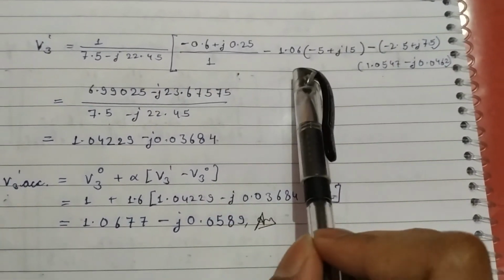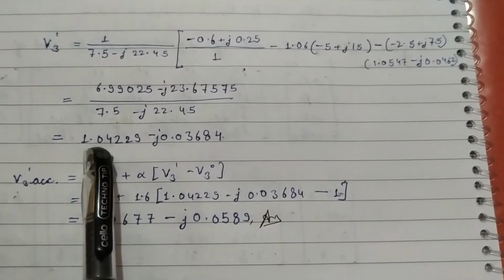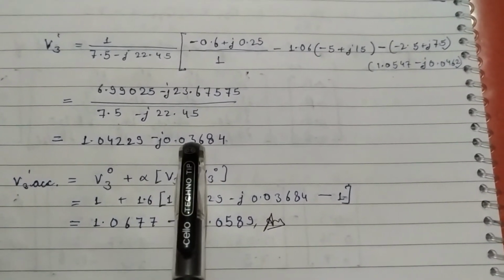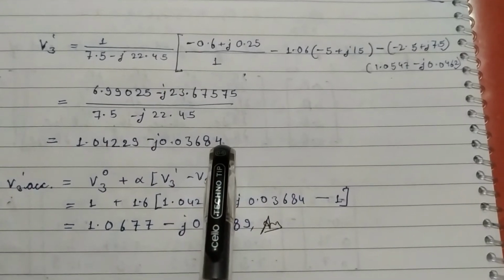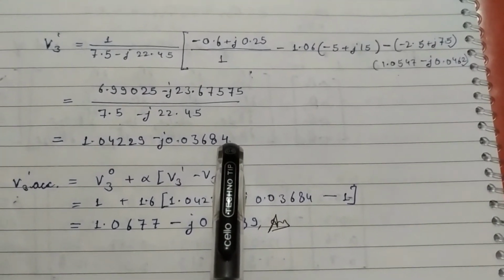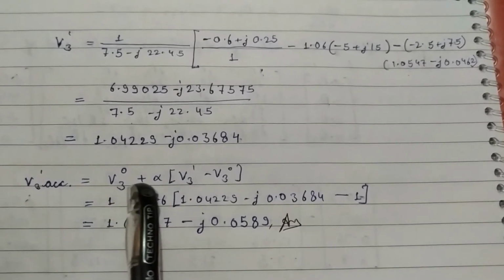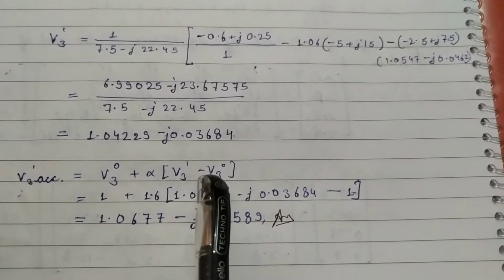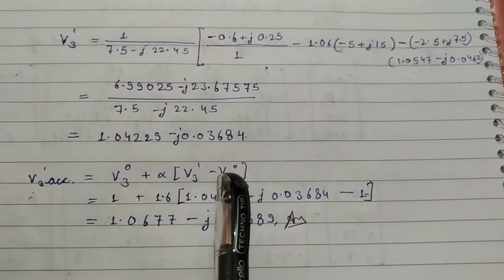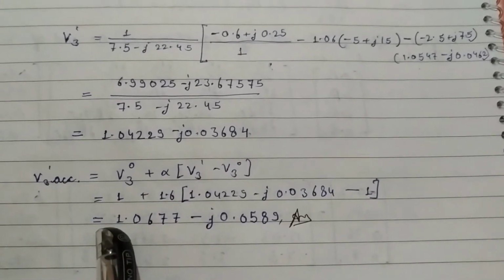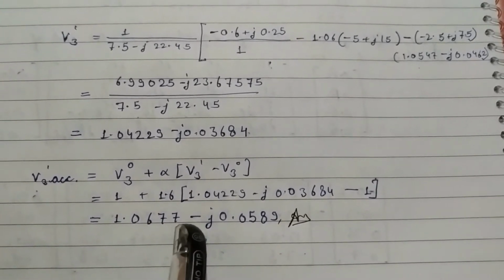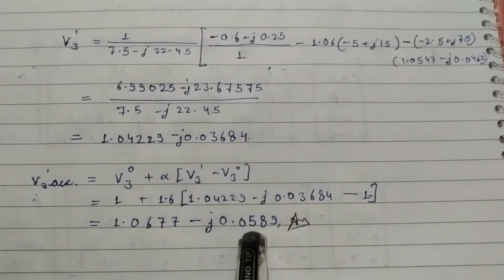If we solve this equation, we get V3^1 equal to 1.0429 minus j 0.03684. From this we can calculate V3 accelerated, which would be equal to V3^0 plus alpha times (V3^1 minus V3^0). If we put all these values and solve further, we get V3^1 accelerated equal to 1.0677 minus j 0.0589.